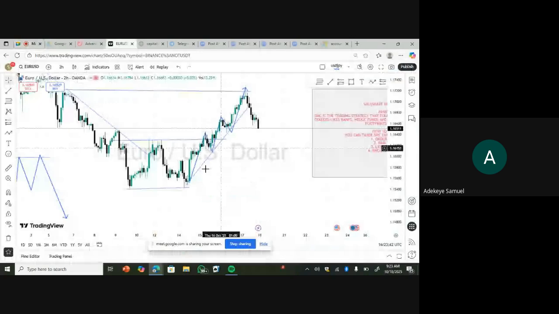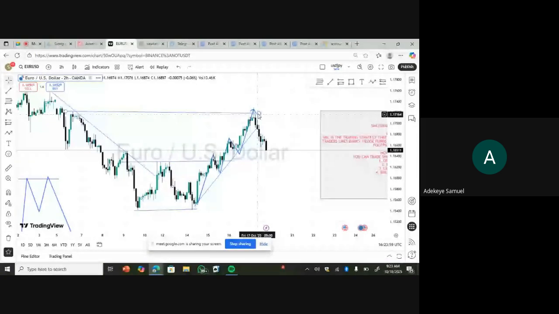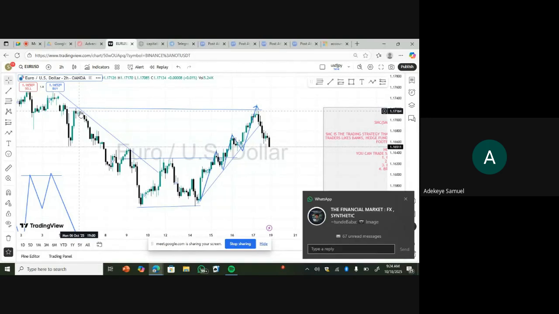So now this market is moving high, making a series of higher highs and higher lows. And I'm going to confirm this bullish movement, this uptrend movement: another higher high, higher low, higher high.